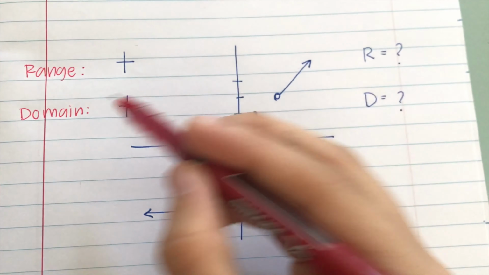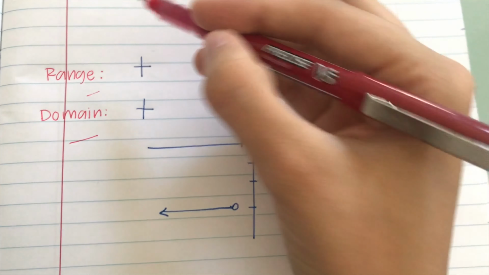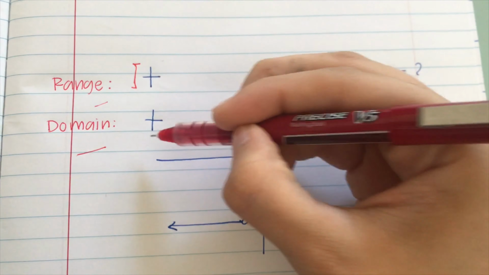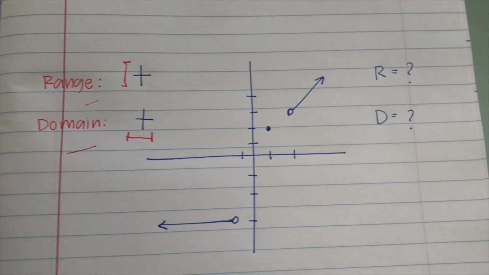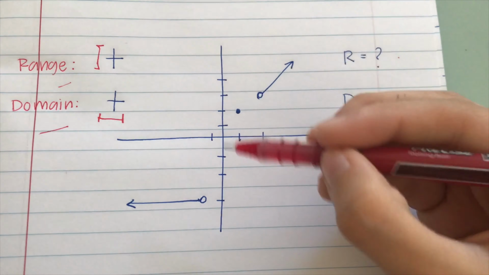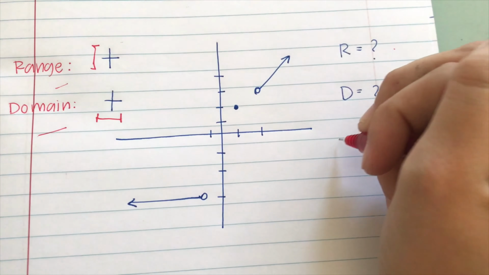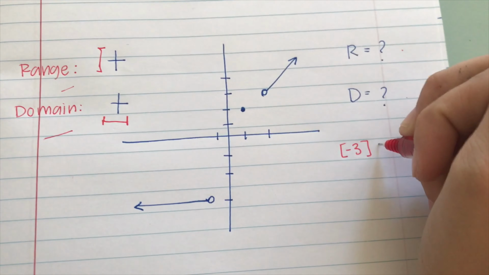Finally, you can also get a domain and range if you have a graph like this one. So let's remember that range is from down to up and domain from left to right. So if we have a graph like this one, we gotta think, okay, my range is going to be -3 union 2 union 3 comma infinite.